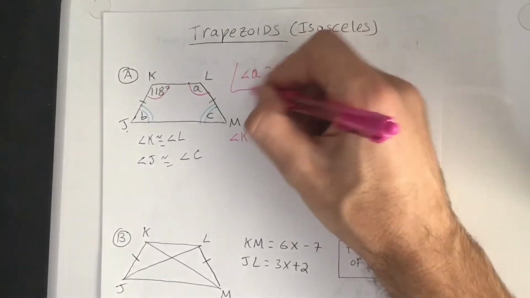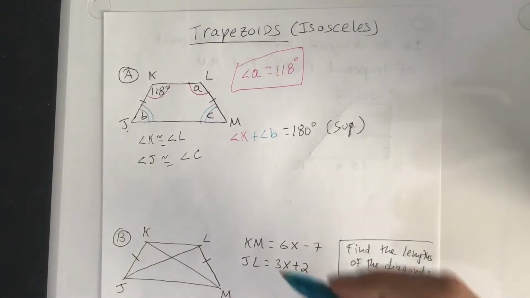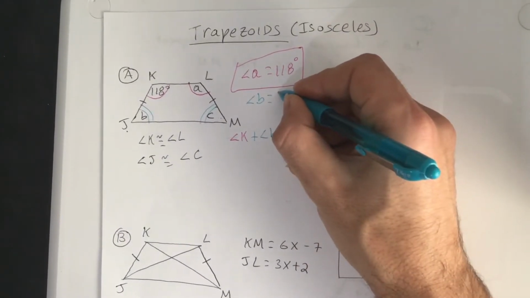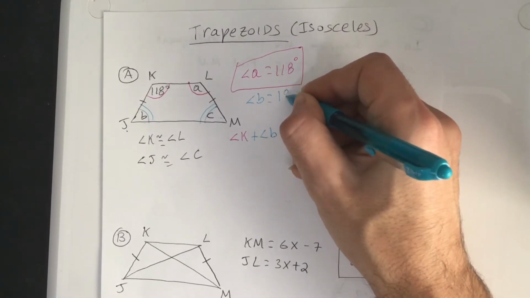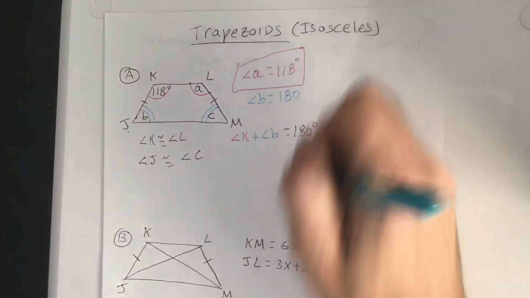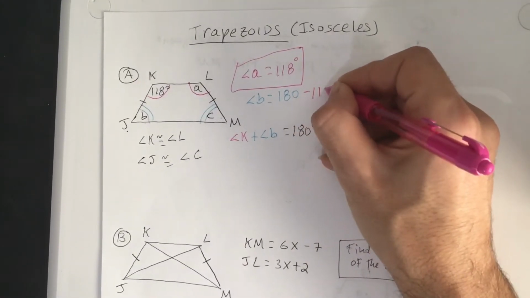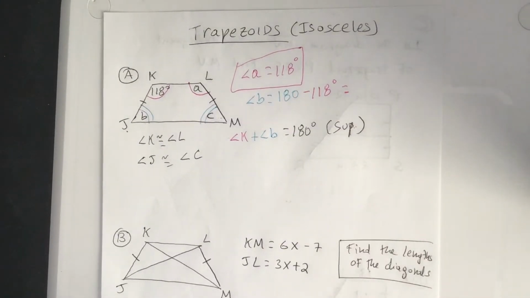All right. So we got this one over here already. So basically, angle B is going to be equal to 180 minus 118 degrees. If you do that calculation, that should give you a quantity of, I think, 62 degrees.